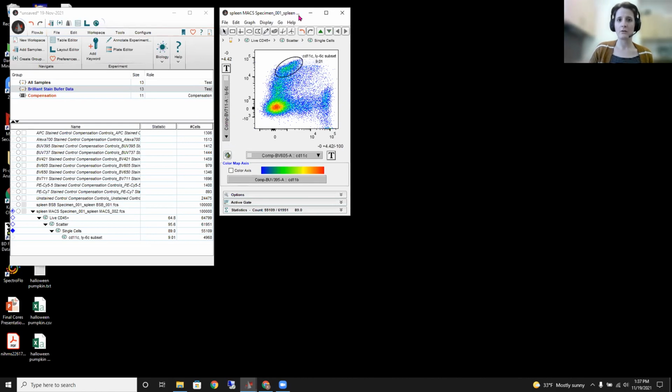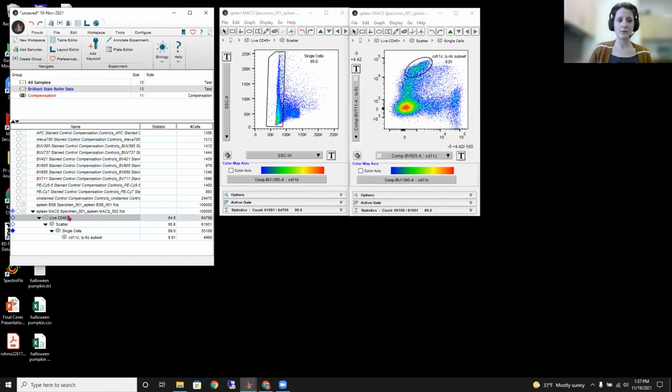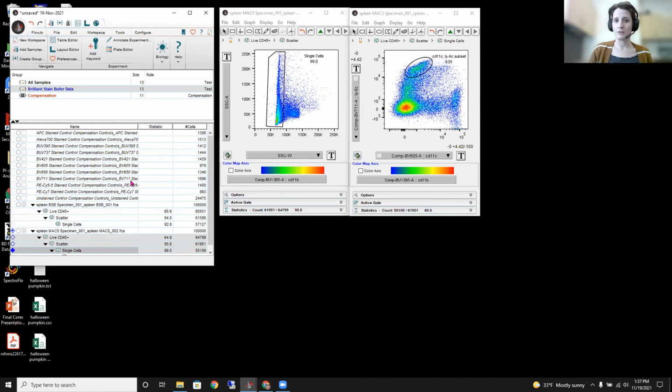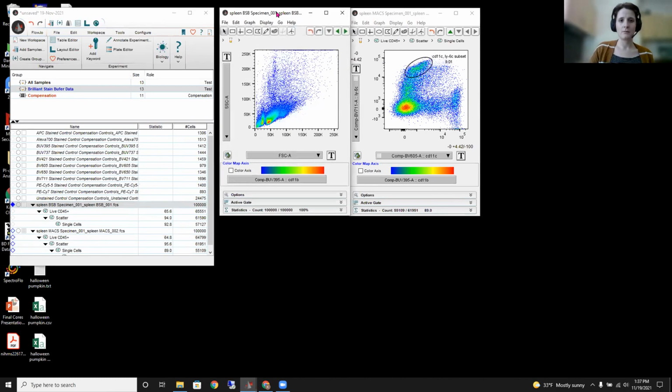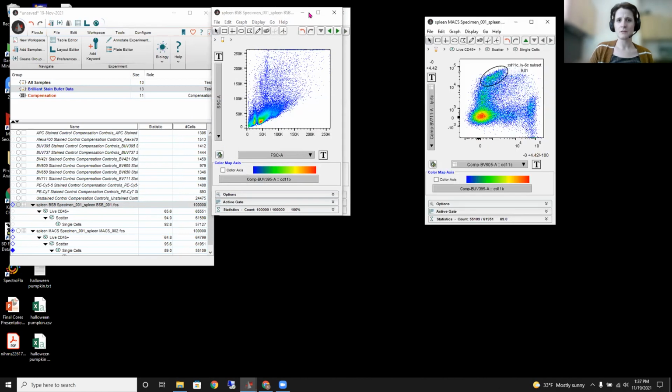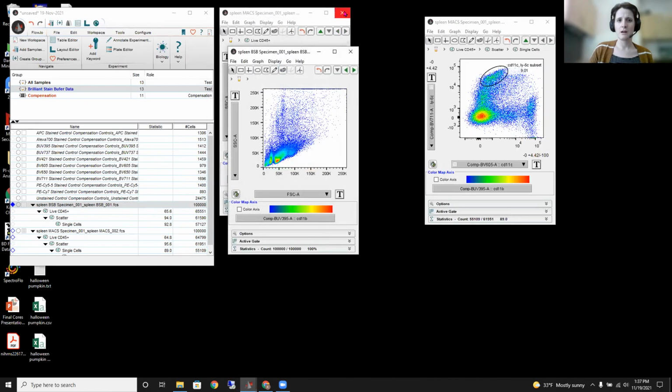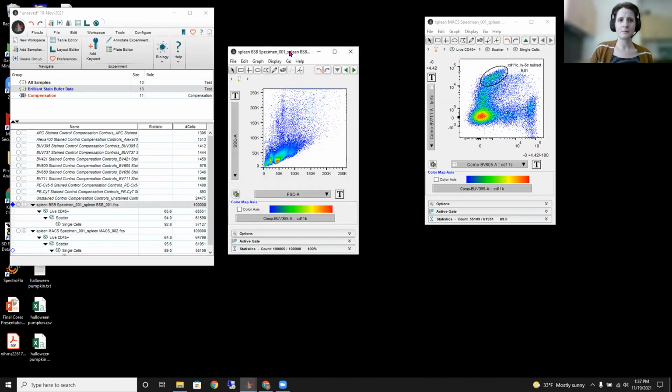What I'm going to do now is a very similar analysis on a sample that was stained with the Brilliant buffer, taking into account the fact that we had multiple polymer dyes in the panel. So I'm going to go ahead and open up this data file. I'm going to close any of the plots that we don't need.